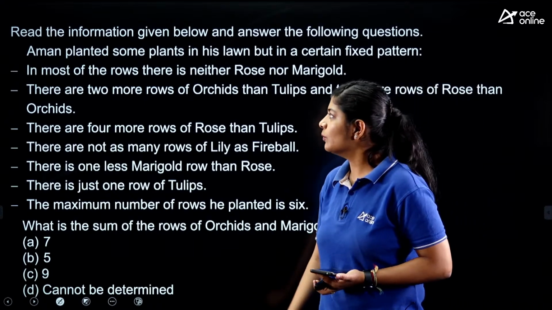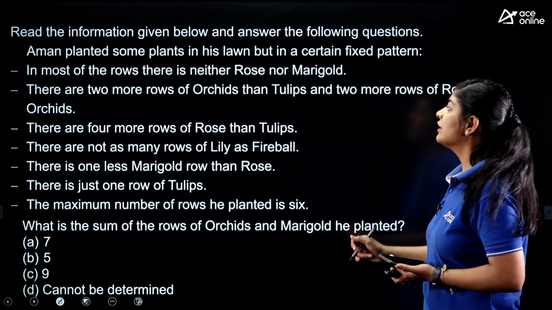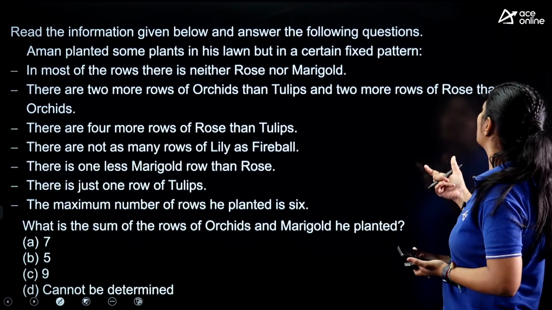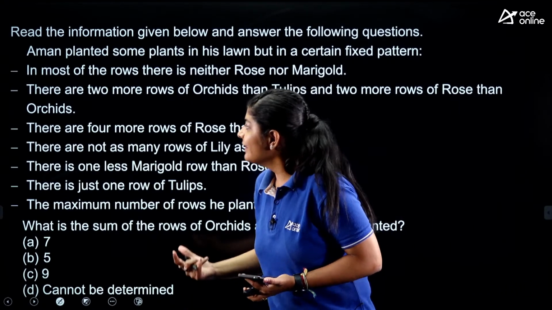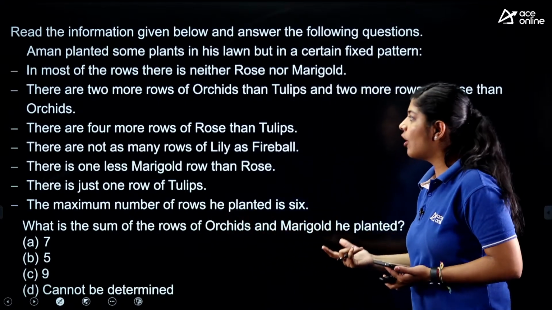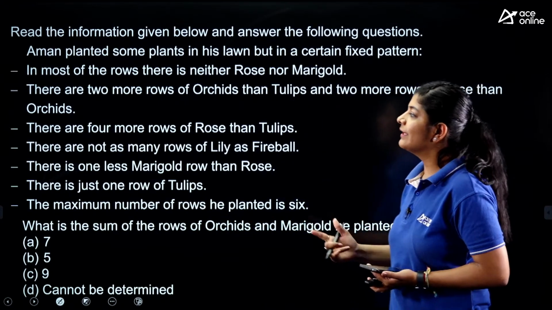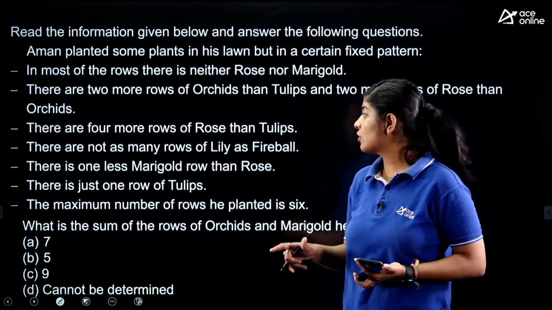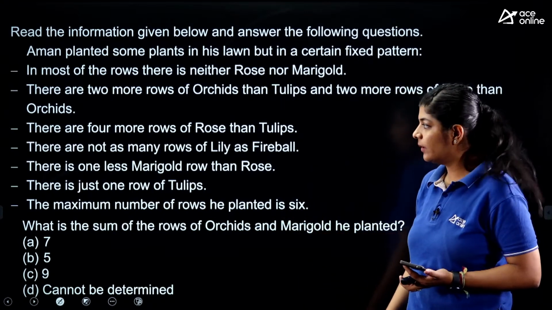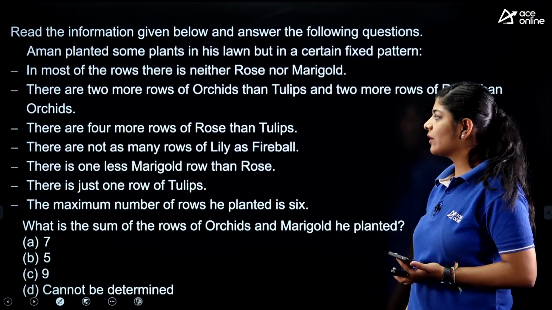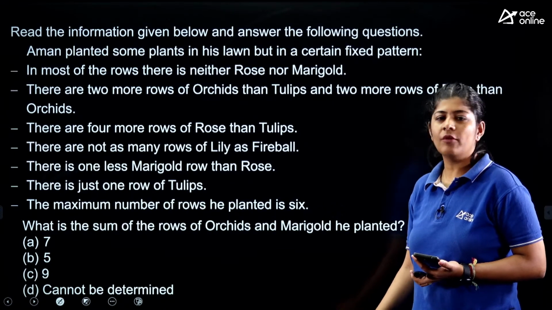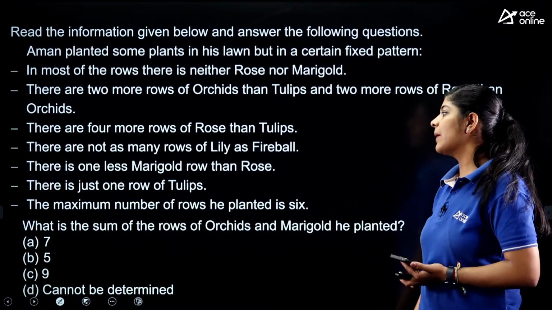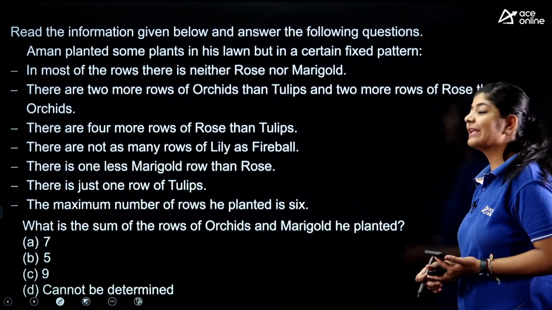There are two more rows of orchid than tulips and two more rows of rose than orchids, right? There are four more rows of roses than tulips. There are not as many rows of lily as fireball. There is one less marigold row than rose. There is just one row of tulip. The maximum number of rows he planted is 6.